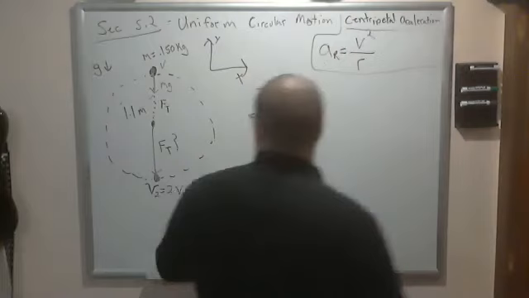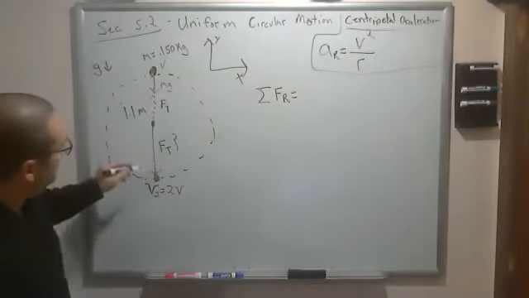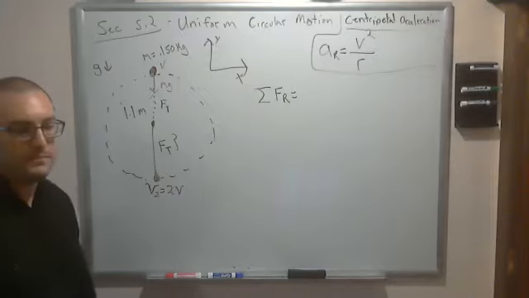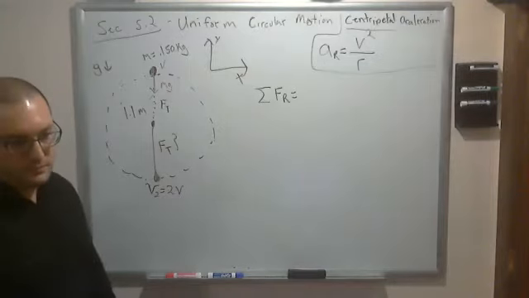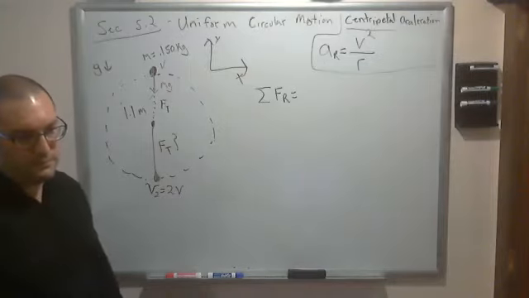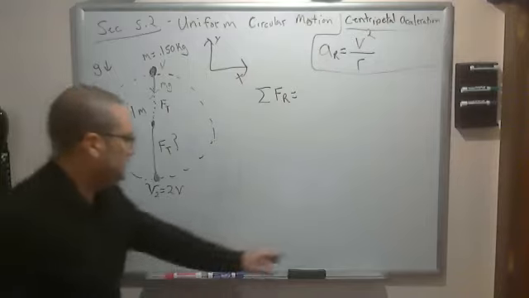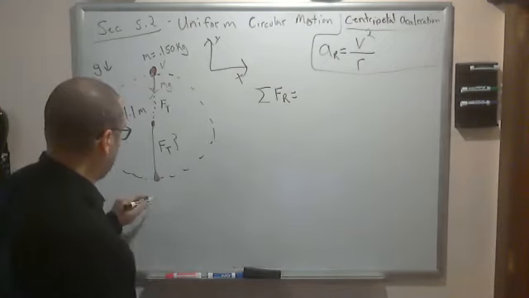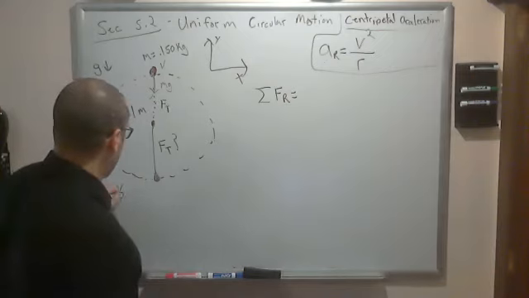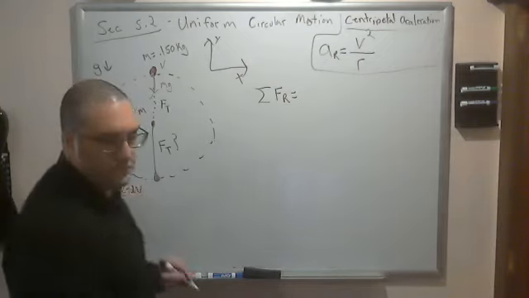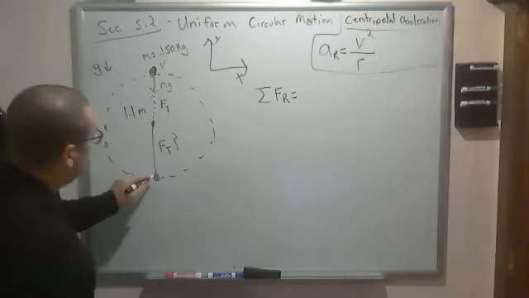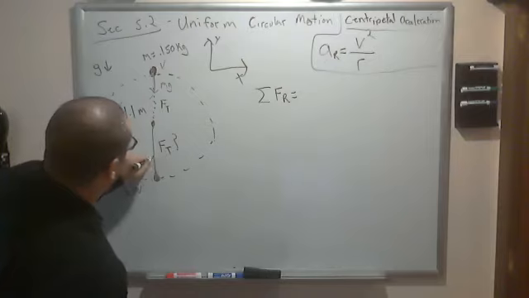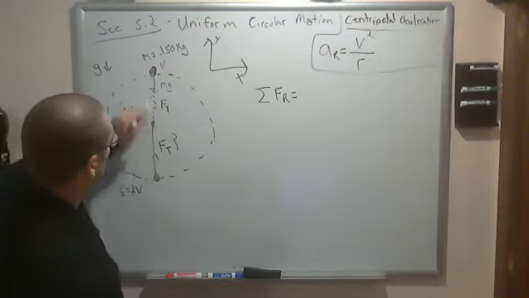So that means that we have the tension force. Which direction is the tension force at the bottom? Anybody? At the bottom, the rope is holding it from flying away, so the tension force is radially inward.